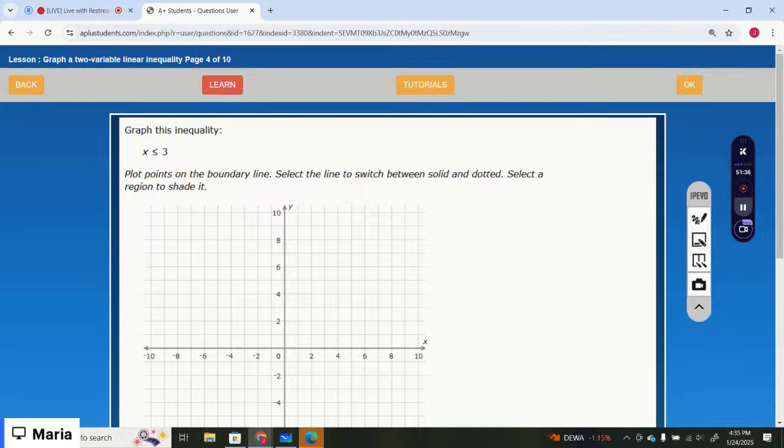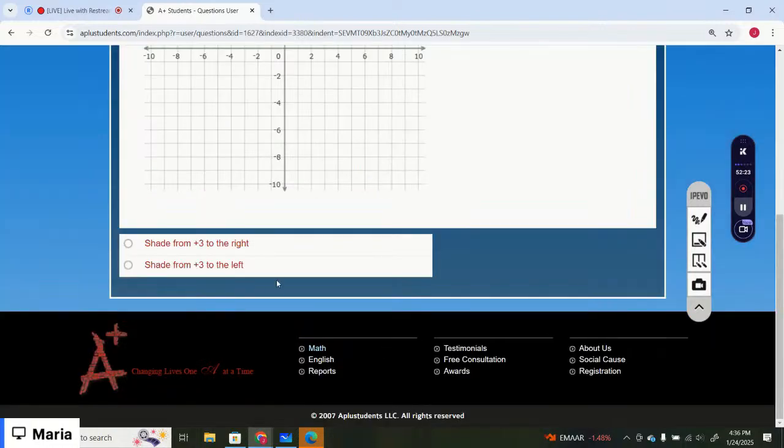Graph the inequality x is less than or equal to 3. So which is the correct option? Less than or equal to, so that means it is on the left of the 3.